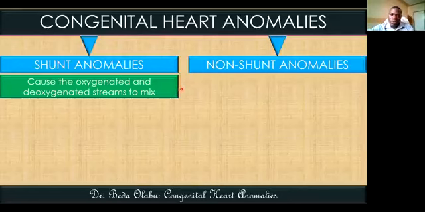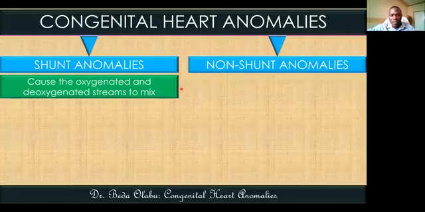Okay, so either blood can bypass the systemic circulation or it can bypass the pulmonary circulation. So any malformation that makes us skip the systemic circulation or skip the pulmonary circulation is called a shunt anomaly.